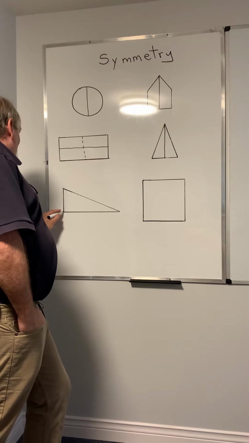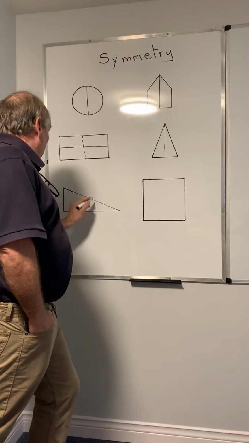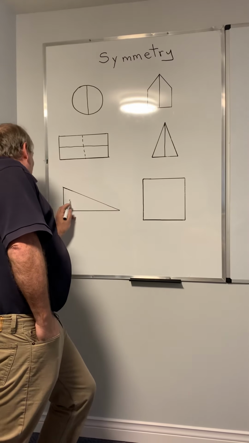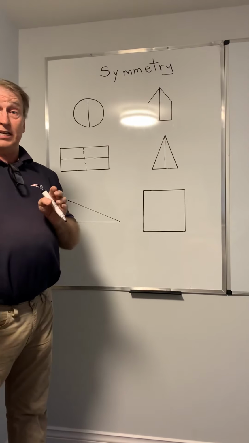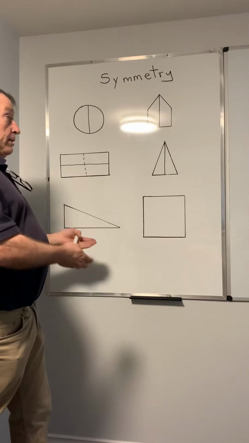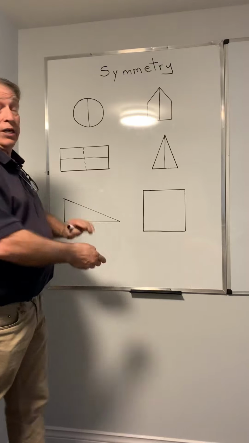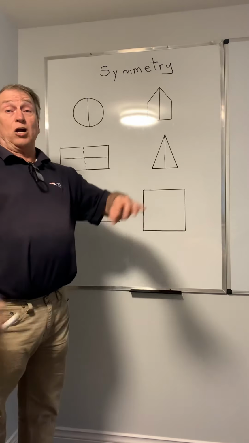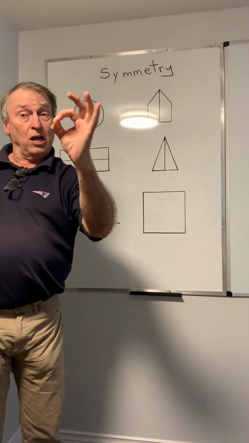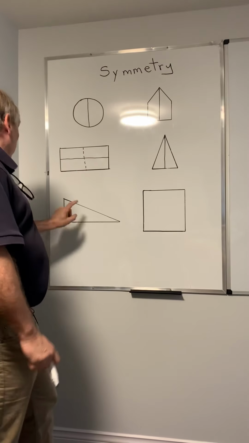If I try to do it this way, it doesn't work. If I try to do it this way, it won't work because there never is a line of symmetry to make a mirror image. So, guess what, boys and girls? There are 0 lines of symmetry for this triangle.